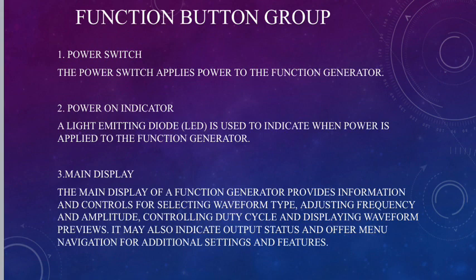The main display of the function generator provides information of the control for selecting waveform type, adjusting frequency and amplitude, controlling duty cycle, and displaying waveform previews. It may also indicate output status and offer menu navigation for additional settings and features.